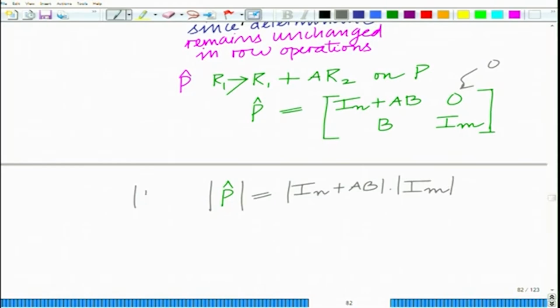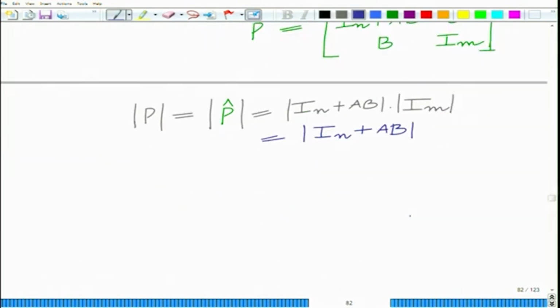And by the way, once again this is equal to the determinant of P, because you are performing row operations on P. Determinant of I m is 1. So, this will become the determinant of I n plus A B.